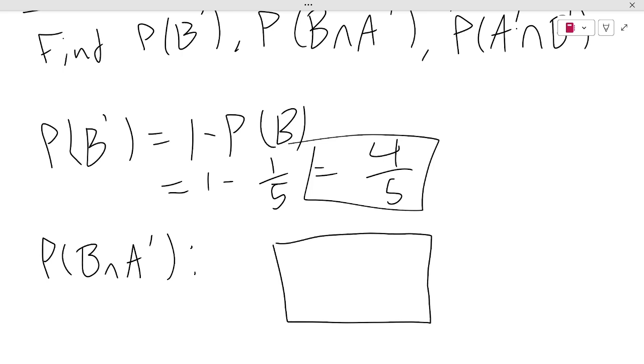I always like to do Venn diagrams. We have two events, A and B. And this is saying B and also not A. So we want anything in B, but we need it to also not be A. So it's going to be this region right here. Everything in B but not the intersection.